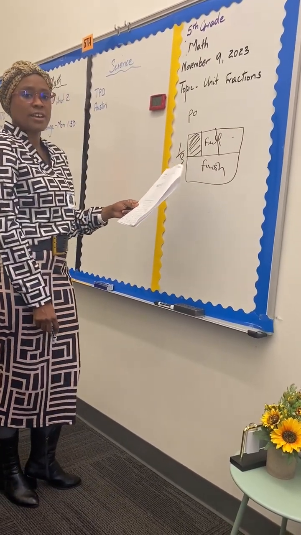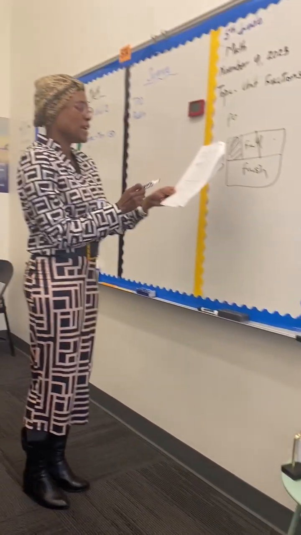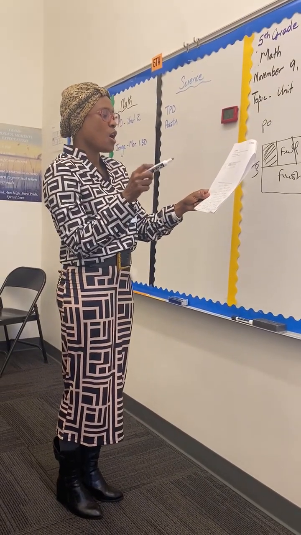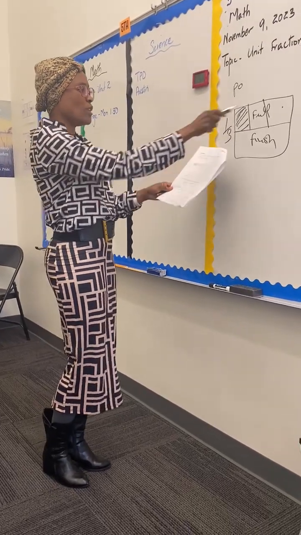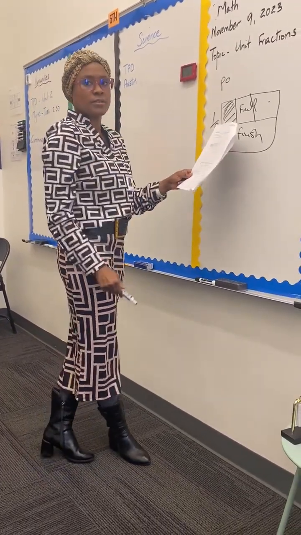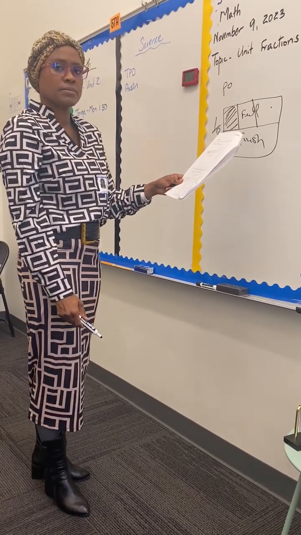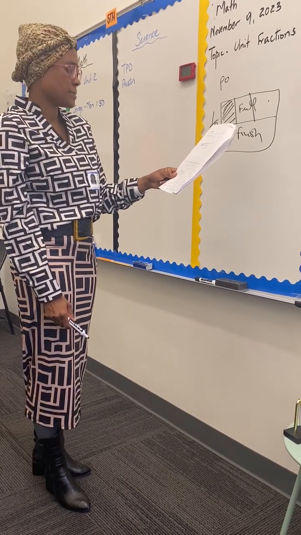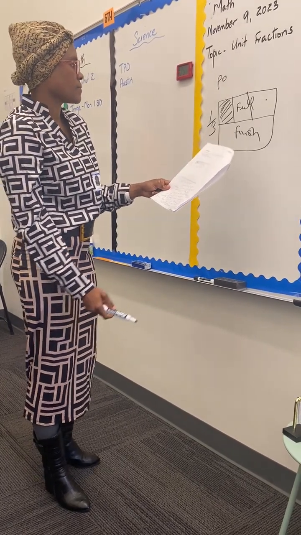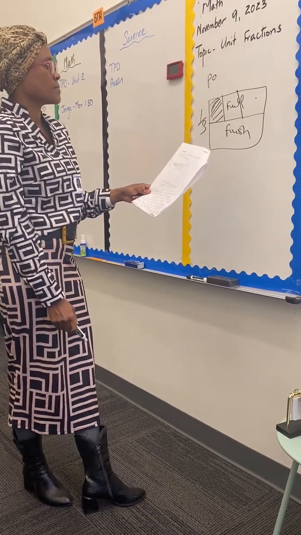Okay, good. Second question: explain or show how you know your diagram represents the situation. Okay. So the diagram represents the situation because the question says Lynn eats 1/3 of the remaining half of the mac and cheese.